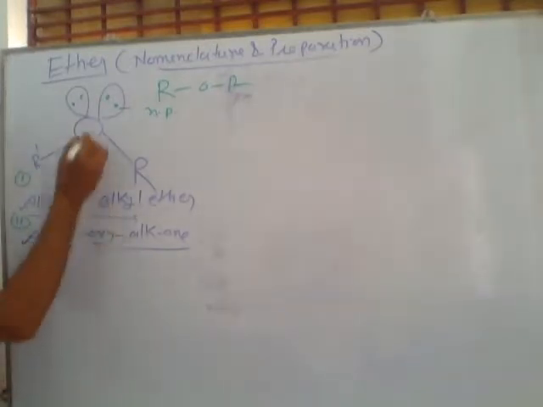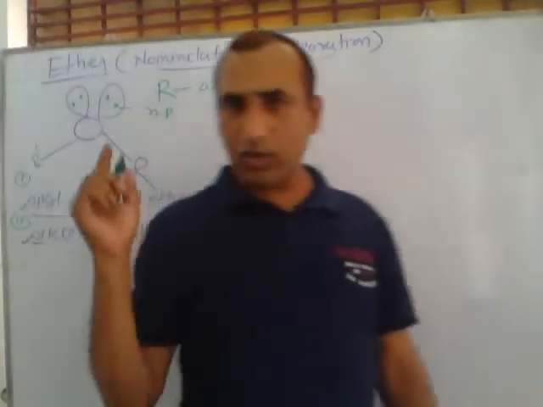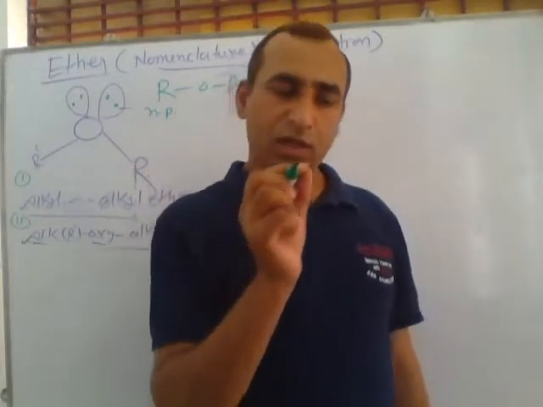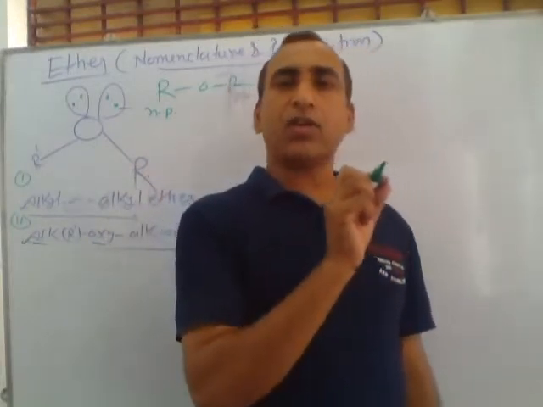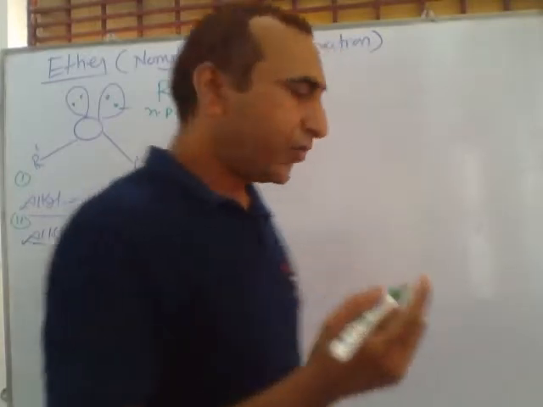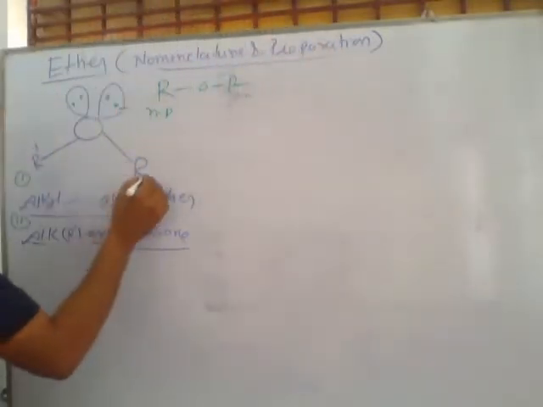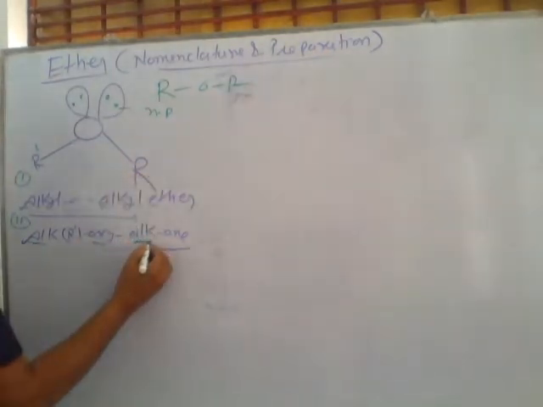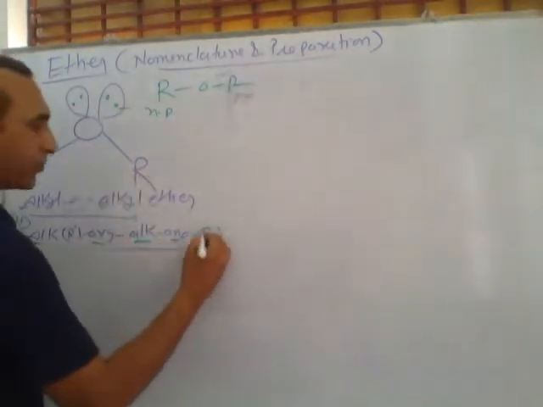This oxy means oxygen. For the oxygen of ether, we use oxy as a suffix of the small alkyl group. For the large alkyl group, we use ane. Suppose this is the large alkyl, so for the large alkyl we write alk and at last ane.